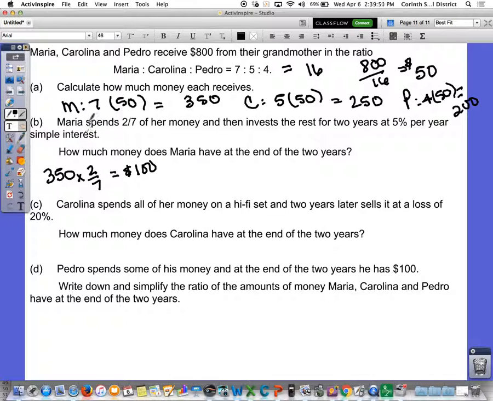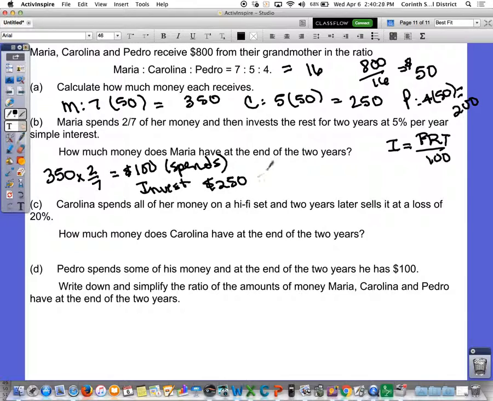She spends 2/7 of her money and invests the rest. So she spends 2/7, which means she spends 100 and she invests the rest. So she invests $250. Simple interest formula is I equals PRT over 100.